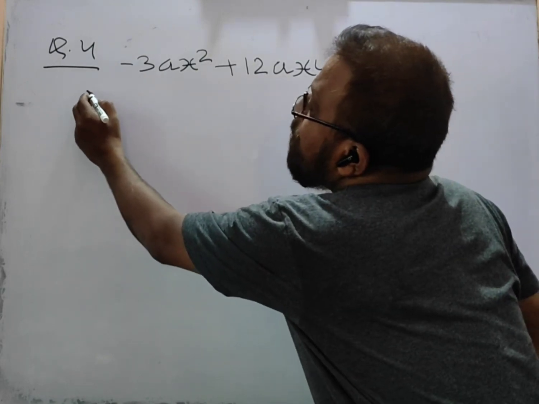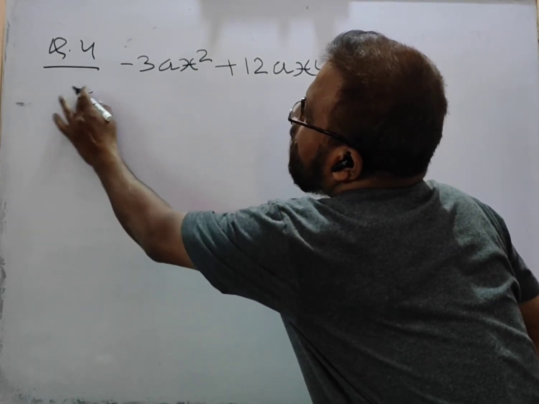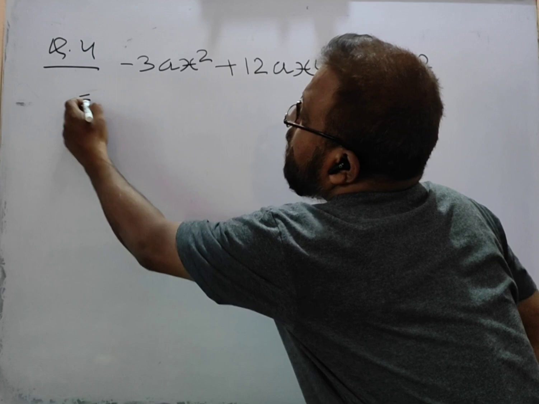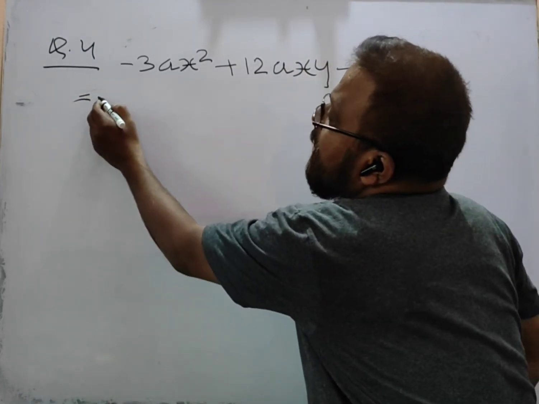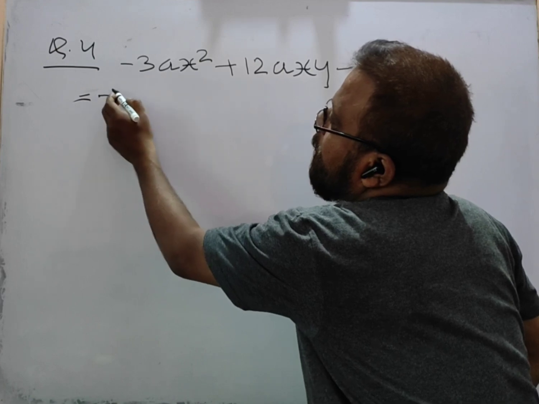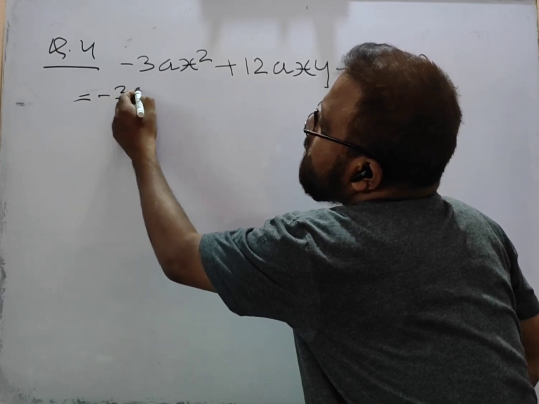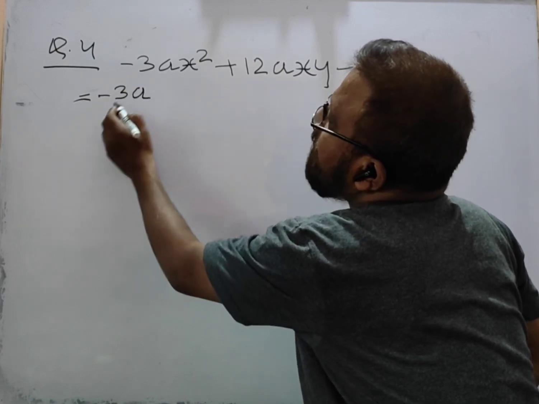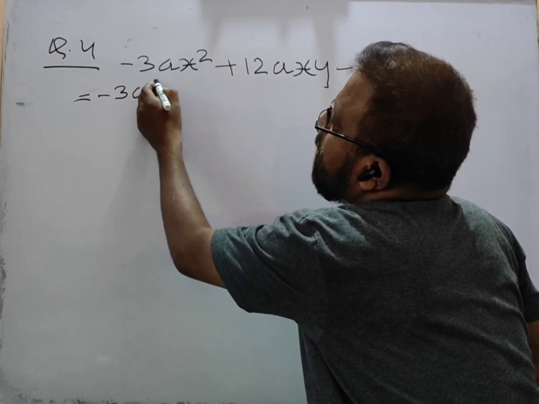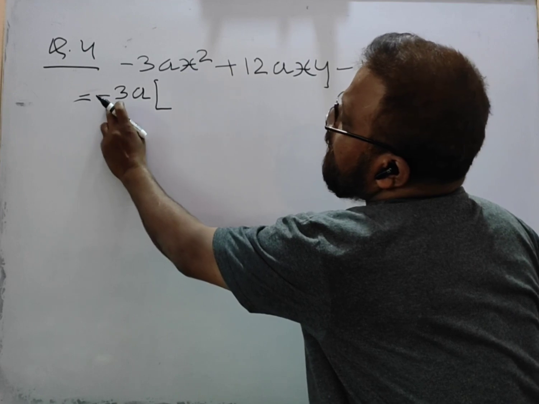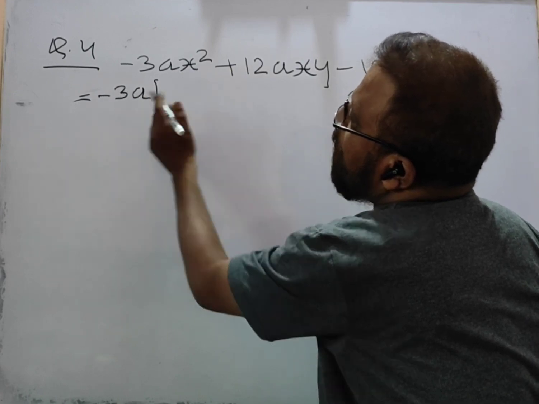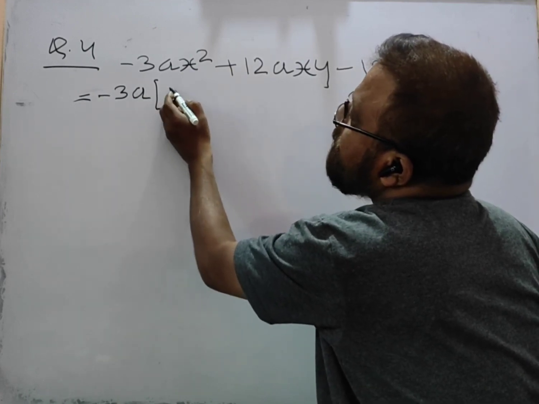So what we do here, we take minus 3a as a common factor. So what happens?